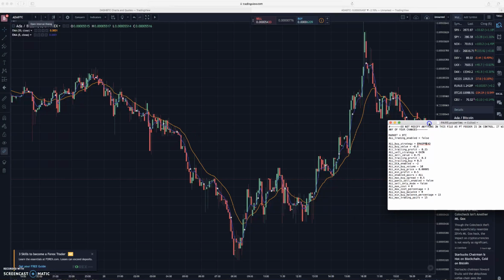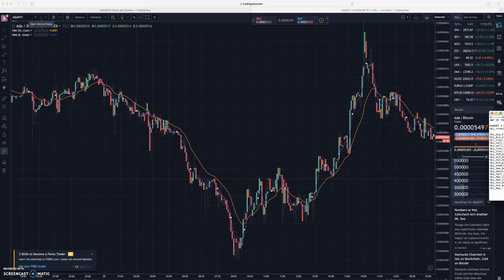So anyway, I'm using EMA spread. My all buy value is at negative 0.6. My all trading_profit is equal to 0.25. Now, basically what this is telling you right here, I will move this off screen a little bit.